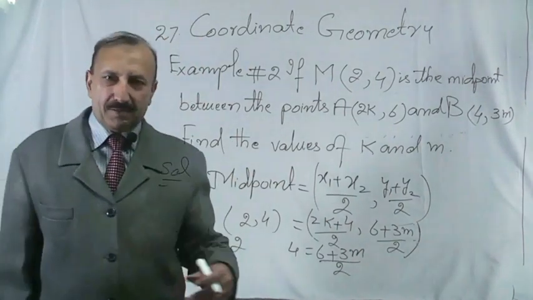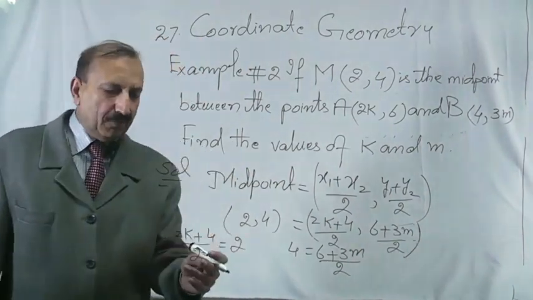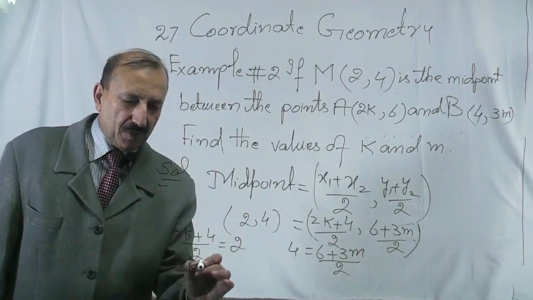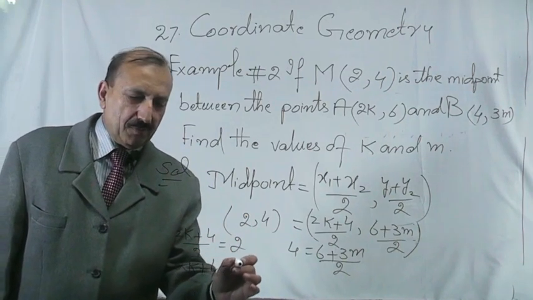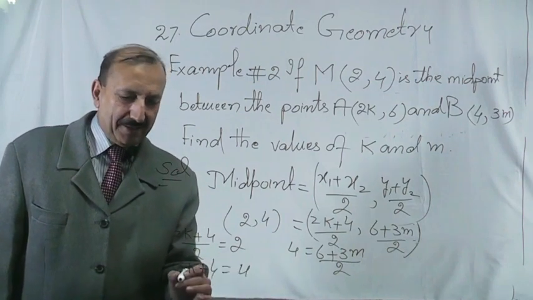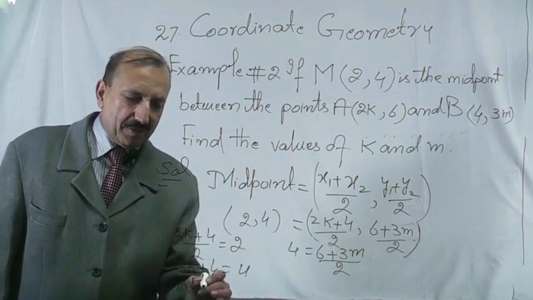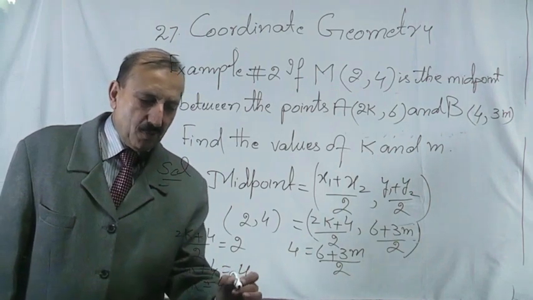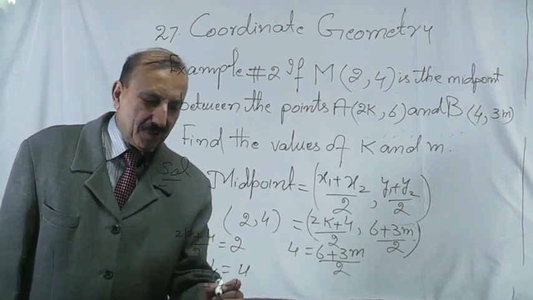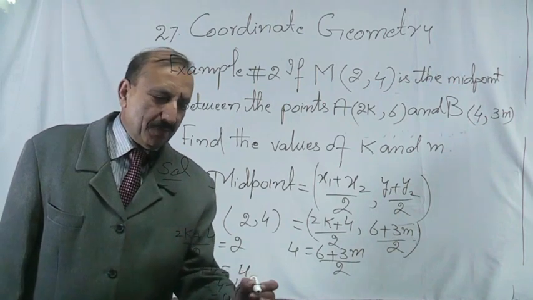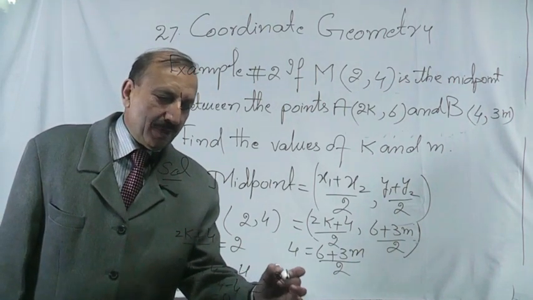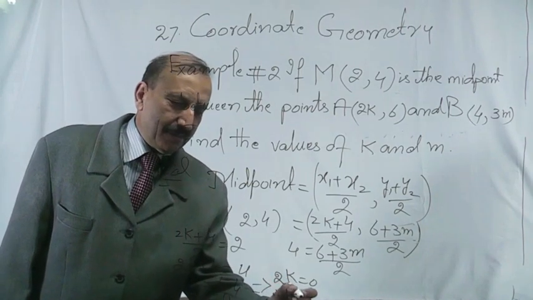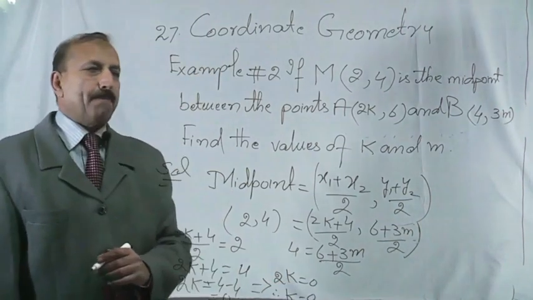Let's solve this equation to find the value of k. We'll cross multiply and get 2k plus 4 is equal to 4, and this gives us 2k is equal to 4 minus 4, which is 0. So 2k equals 0 and ultimately k is equal to 0.